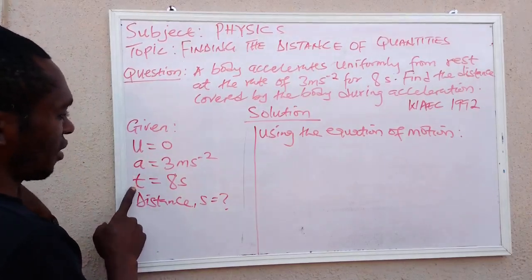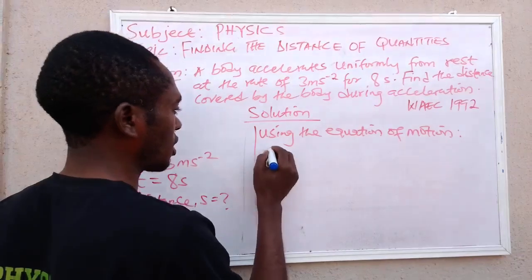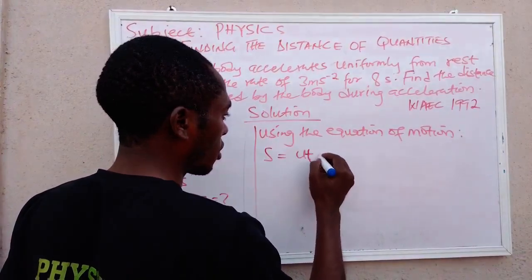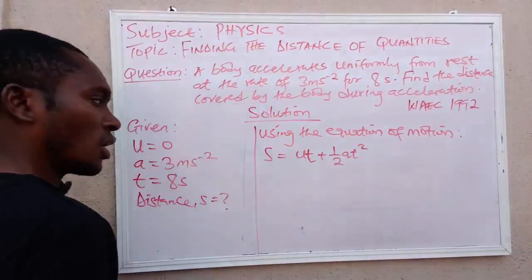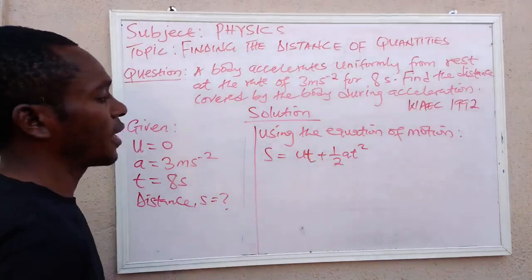You don't have final velocity v here, but you have distance. So there's a relationship that states that s is equal to ut plus 1 over 2 at squared. You can decide to use this. This is the easiest and quickest formula you can use.